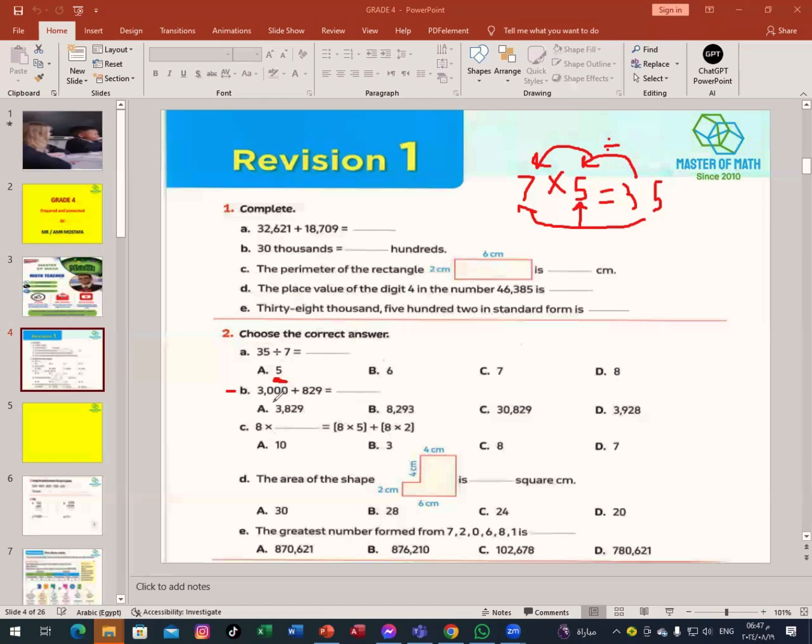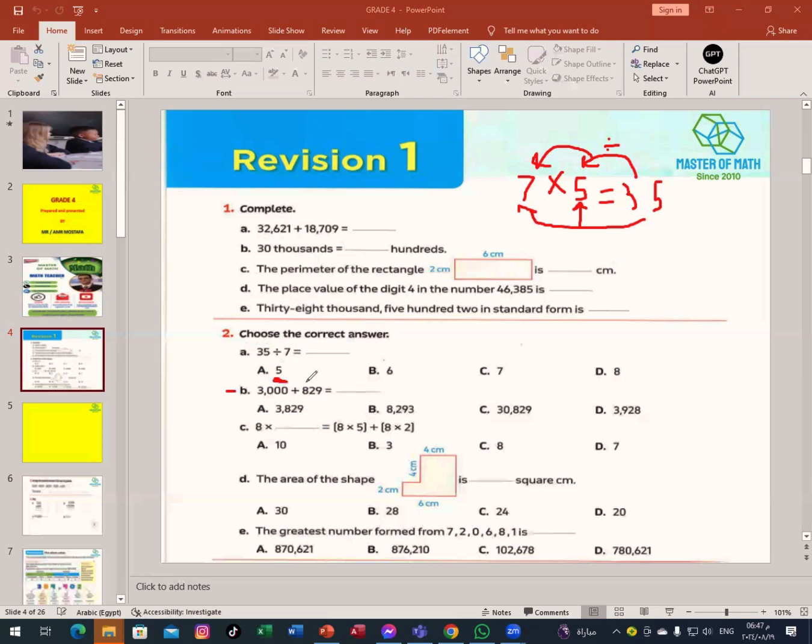Number B. 3,000 plus 829. It's about mental math. I have 3 zeros in ones, tens, hundreds, and there is a number in ones, tens, hundreds.